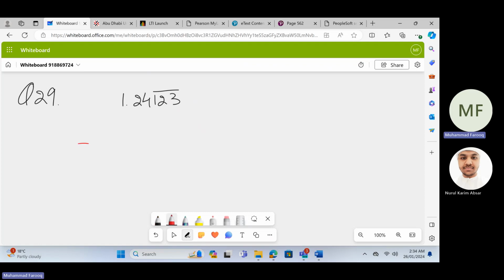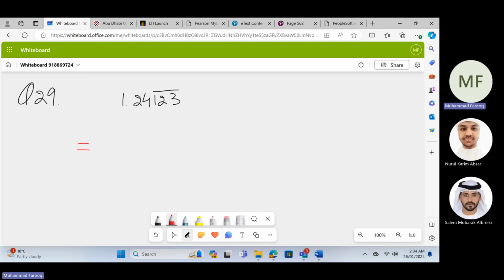In the last question, how did we start? We took the 1 as separated from the repeated number. So how do we make the separation? 1.24 plus the part which is fixed, not repeated, and the one which is repeated.